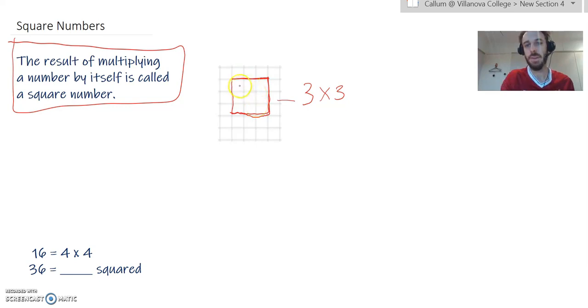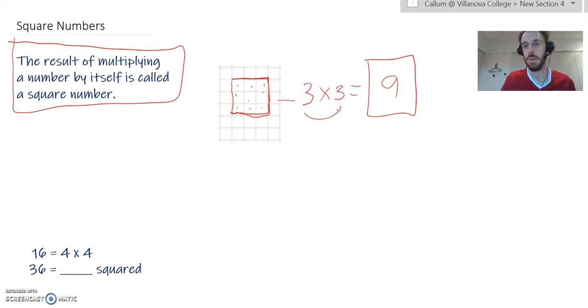And then if we were to count all these little dots inside, we'd be able to find out that that takes up 9 small squares. 3 multiplied by 3 is 9, something we hopefully all knew. So 9 is a square number. 9 is the result of a number being multiplied by itself, 3 multiplied by 3.